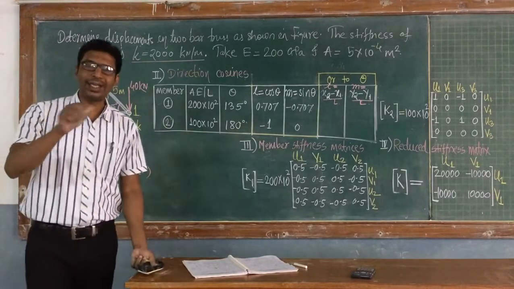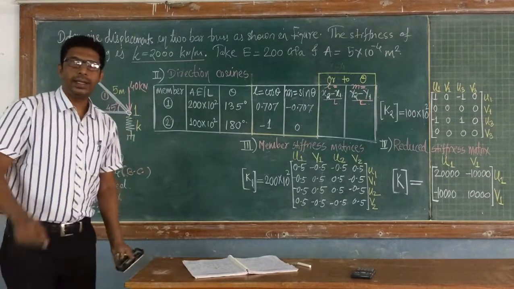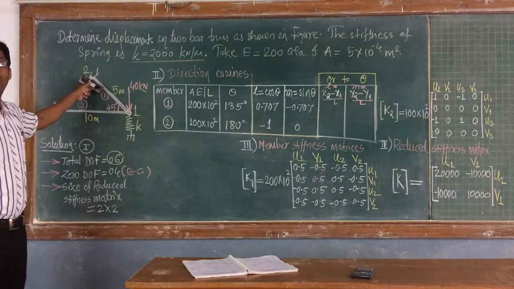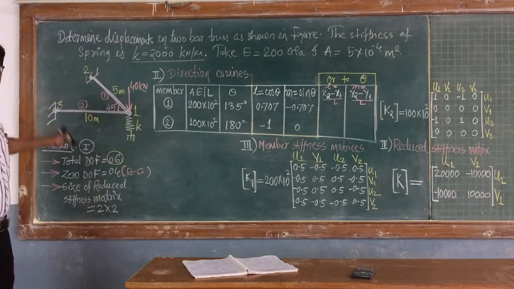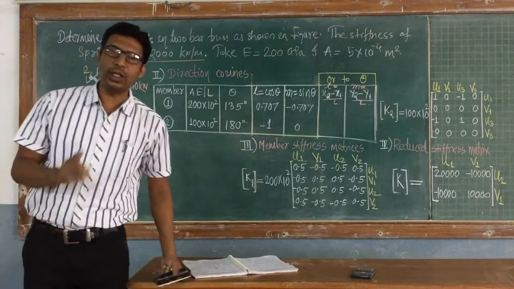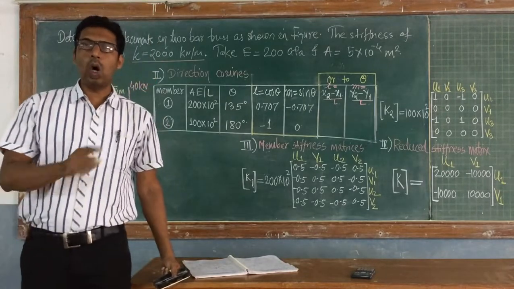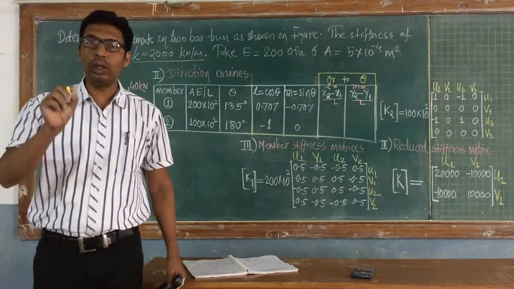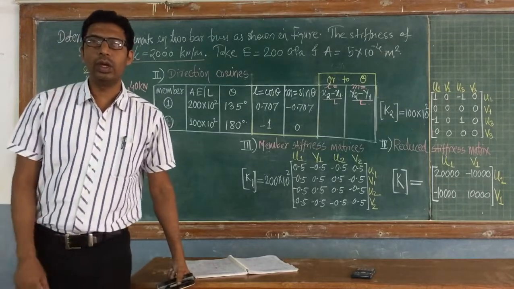Now out of these 6 unknowns, since support or node joint 2 and joint 3 are fixed supports, we know that if support is fixed, there is no horizontal displacement, there is no vertical displacement. Both the displacements are 0.